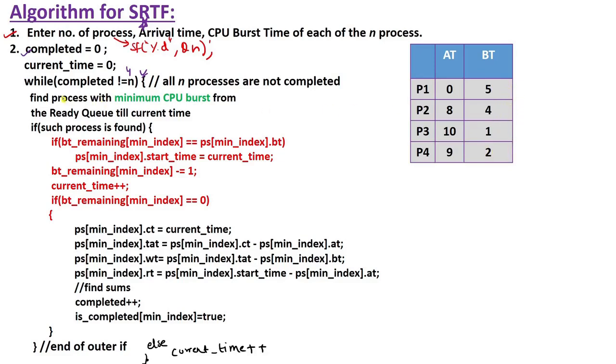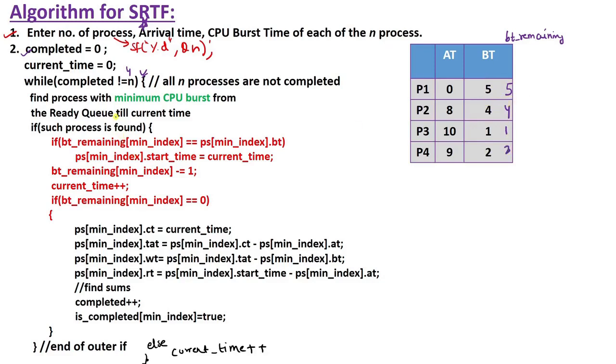Now what does it mean? Let's see. If you see here, we have taken an array BT_remaining, and I have told you that BT_remaining was initialized with the initial values of the burst time in the for loop that I mentioned previously. So BT_remaining will initially be equal to 5, 4, 1, 2. That is, it will be initialized with the burst time only.